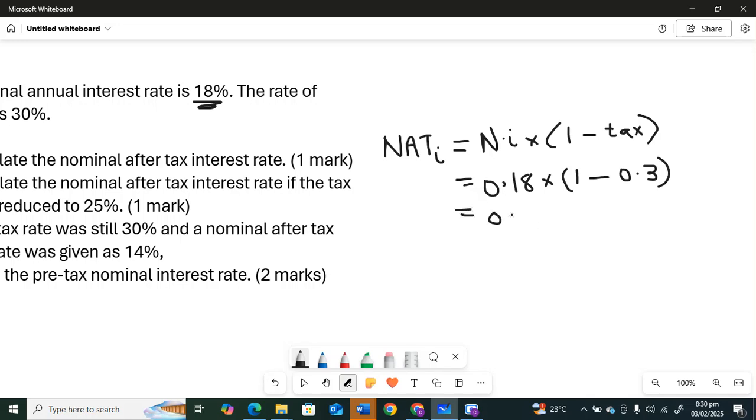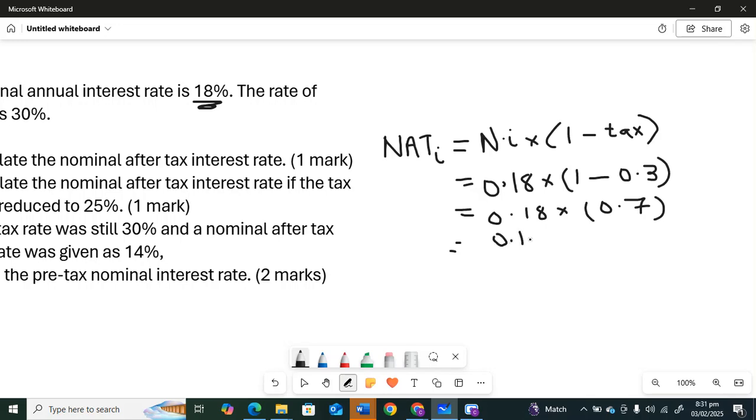So we have 0.18 multiplied by 1 minus 0.3, you get 0.7. So we multiply 0.18 times 0.7. We get 0.126.